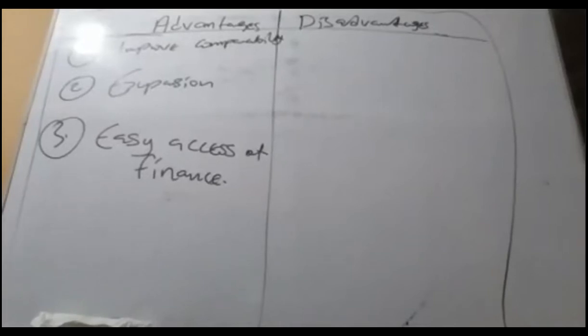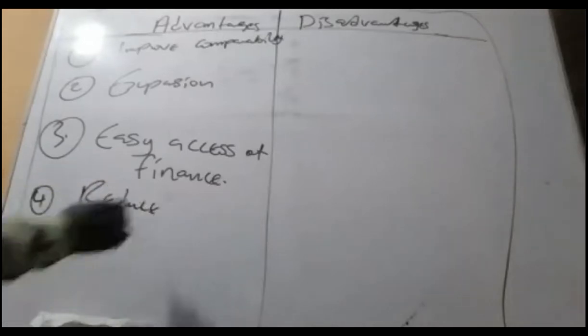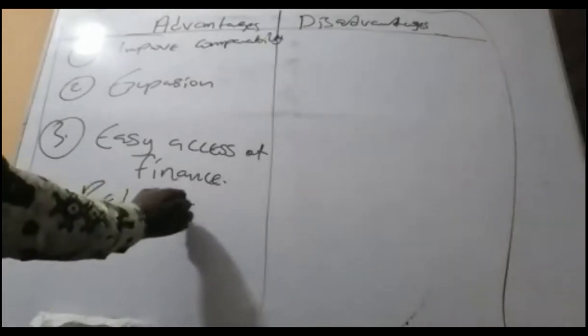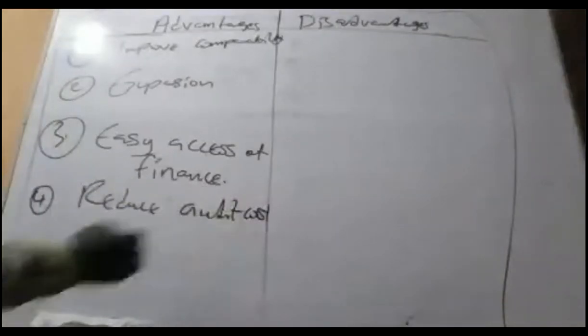Most countries adopt it by way of loan covenant. The country is in for a loan, and then you'll be asked to adopt the IFRS before the finance will be available to you. We can also talk about reduction of audit costs. It will reduce audit costs.